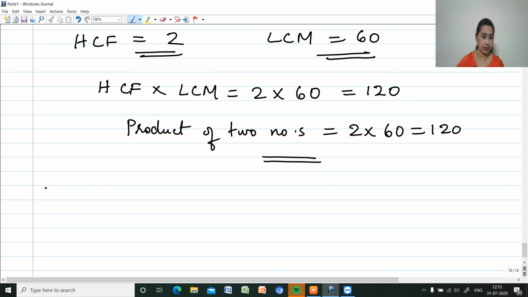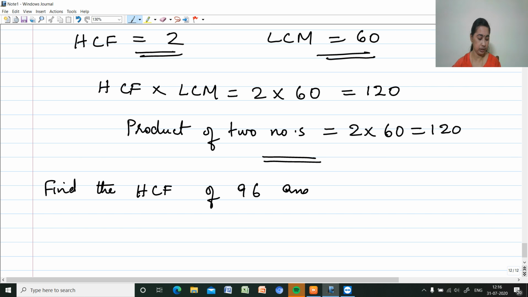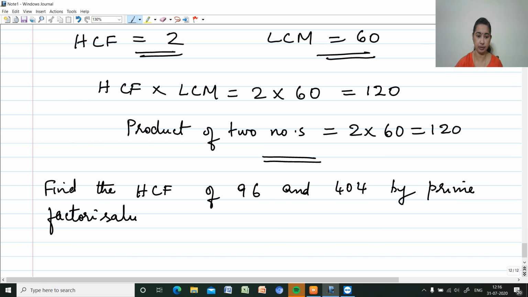Now another question, find the HCF of 96 and 404 by the prime factorization method.